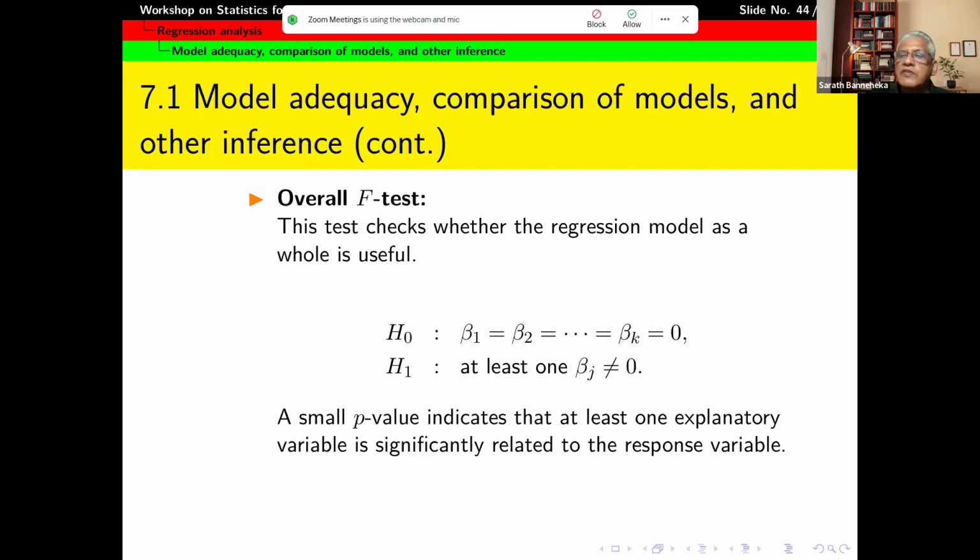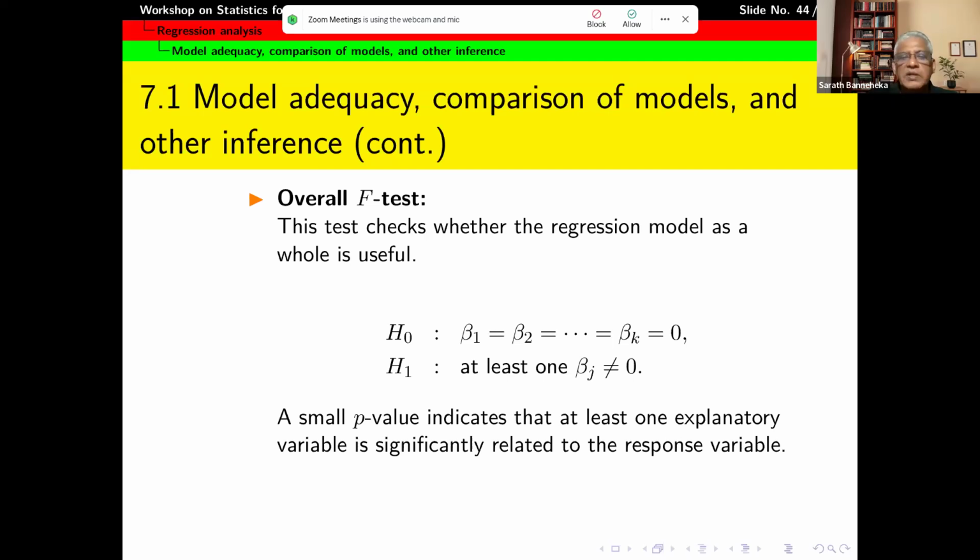We carry out several tests to check the adequacy of the model. One test is the overall F test. In the overall F test, what we do is we check whether all the coefficients of the x variables are zero or not. Right.